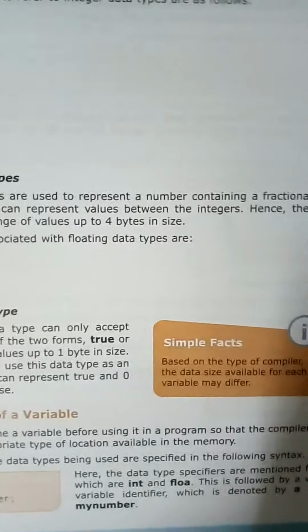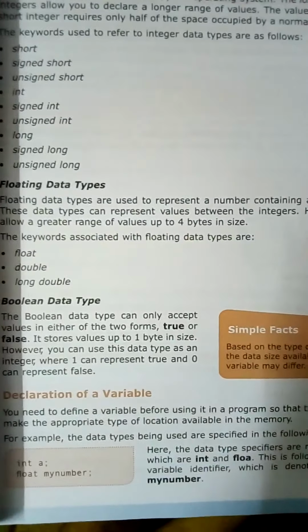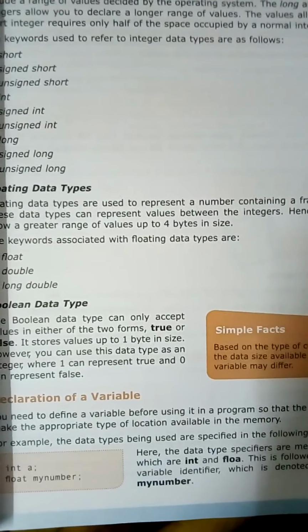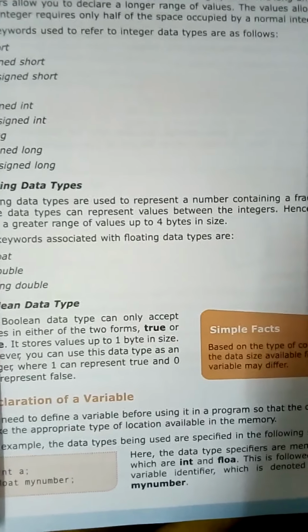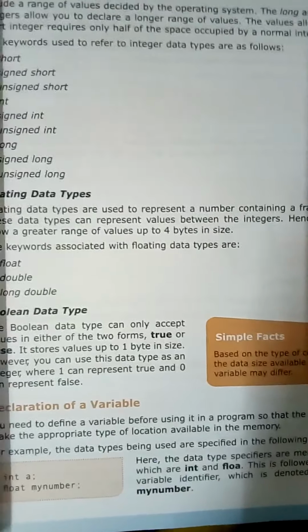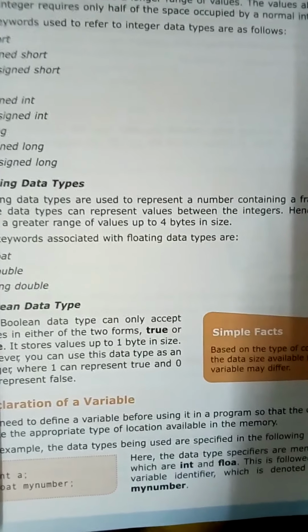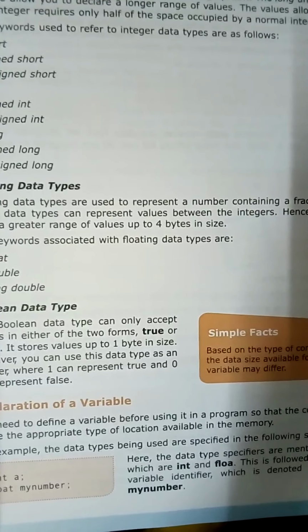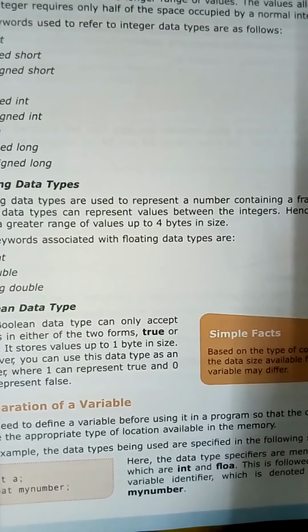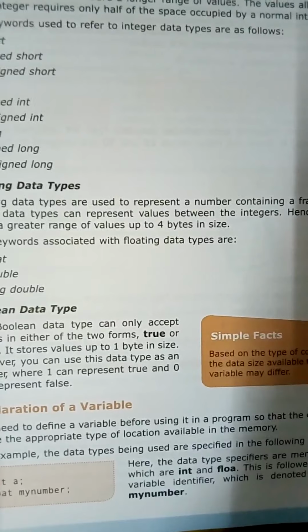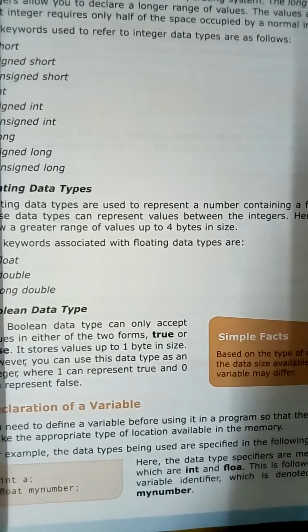There are three main integer types: short, int and long. In the case of short there are signed short and unsigned short, then int, signed int, unsigned int, and in the case of long, signed long and unsigned long.